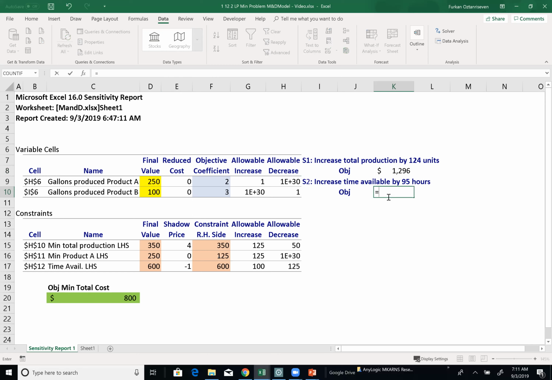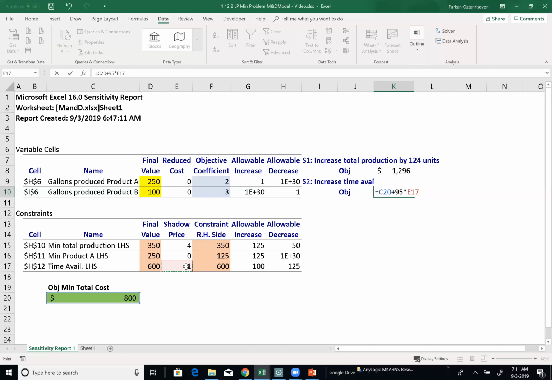So what happens is that my original objective was 800, and now I'm changing my right-hand side value by a 95-unit increase, but this has a negative shadow price. So this will decrease my objective function, which will help me because it's a minimization problem. Why?